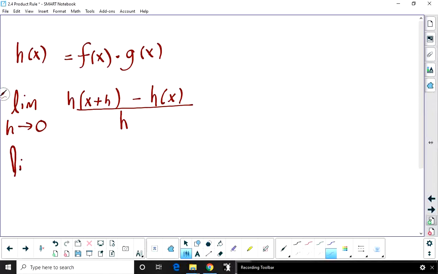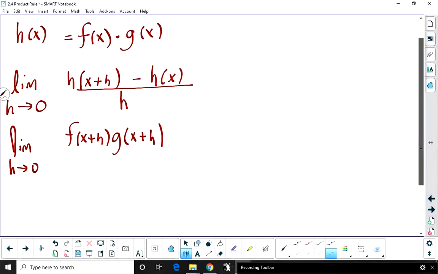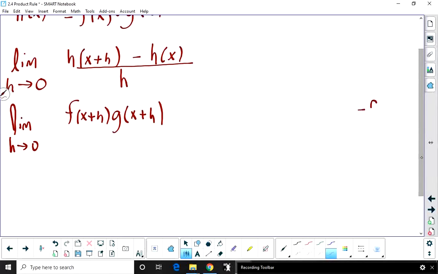This would be the limit as h approaches 0 of f of x plus h g of x plus h minus f of x g of x. And I'm going to leave a big space here, because I'm going to do something, and I don't know who came up with this idea for this proof, but it's pretty brilliant.